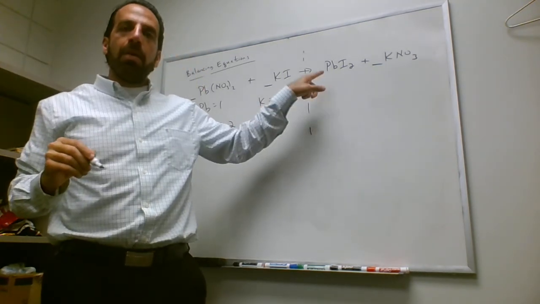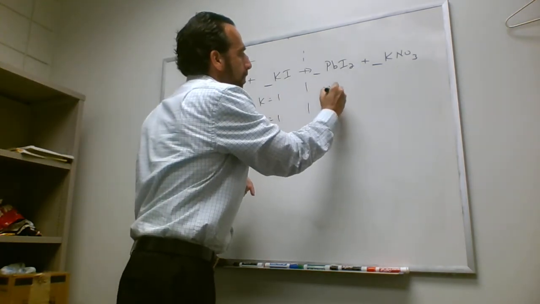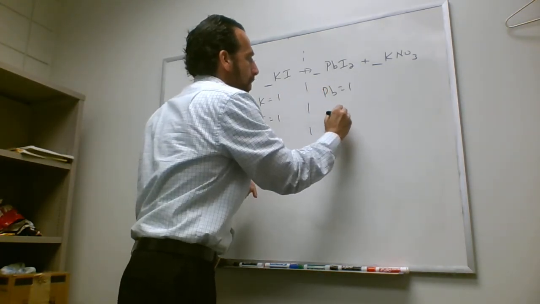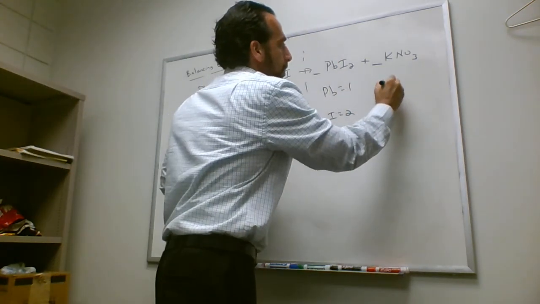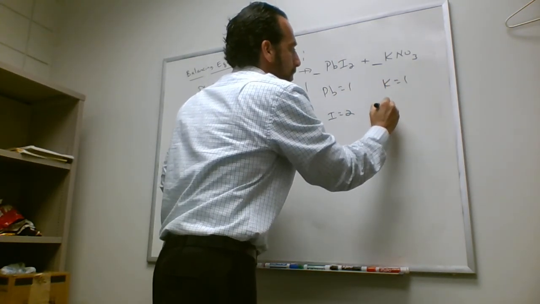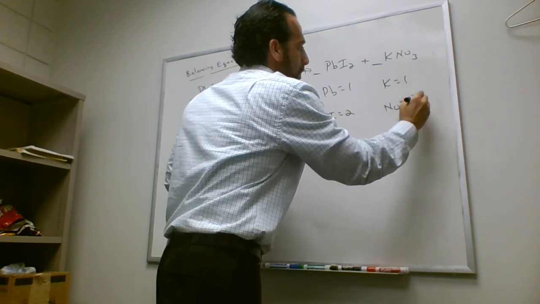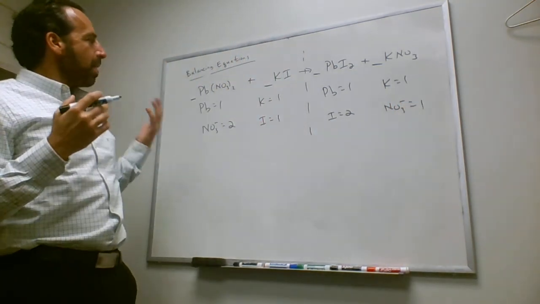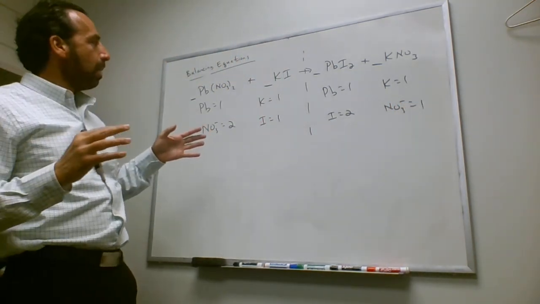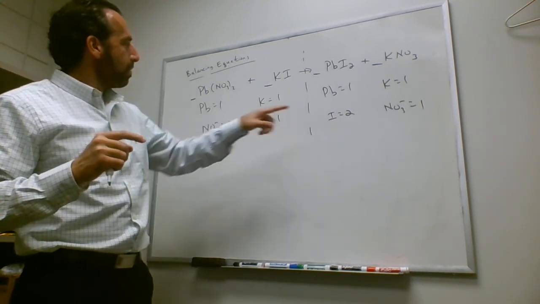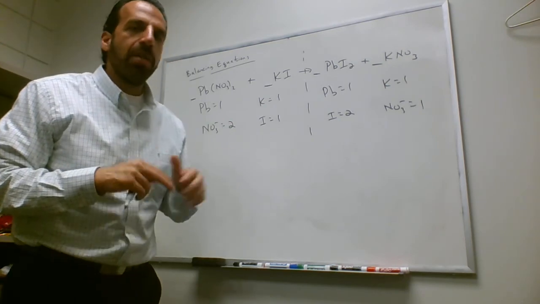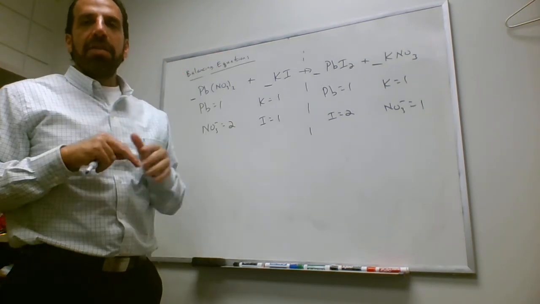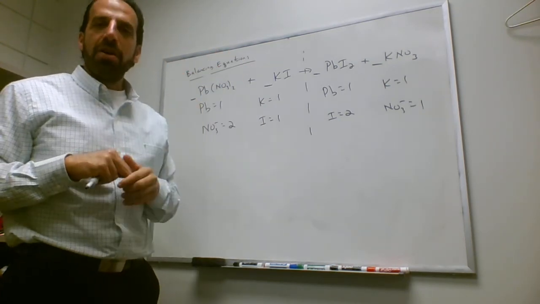On this side, 1 lead, 2 iodides, 1 potassium, and 1 nitrate. So again, in this case right here, basically the only things that are unbalanced now are my iodides and my nitrates. Let's go ahead and just balance the nitrates first. You could have done iodides. It's all going to work out the same.